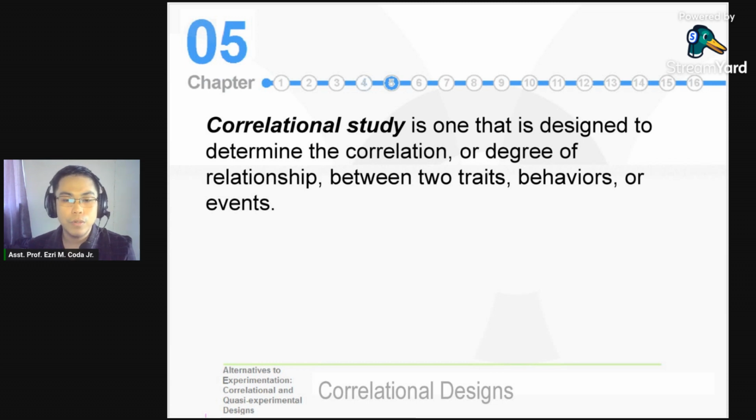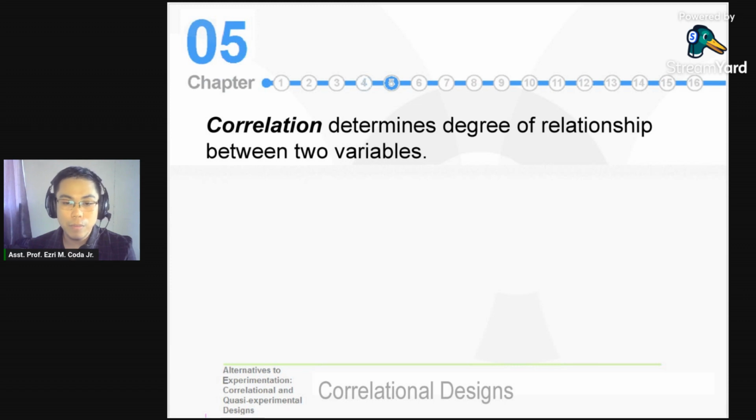We're not trying to manipulate something. We're just trying to observe and record what we are observing. That is what we do in a correlational study. I hope that is clear: we have no cause and effect in our correlational study.